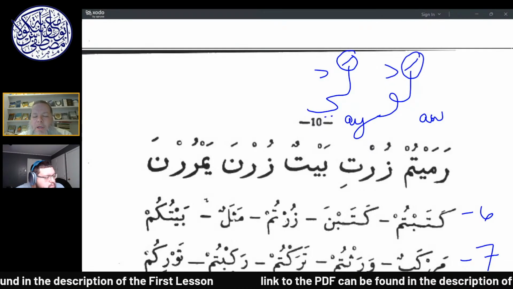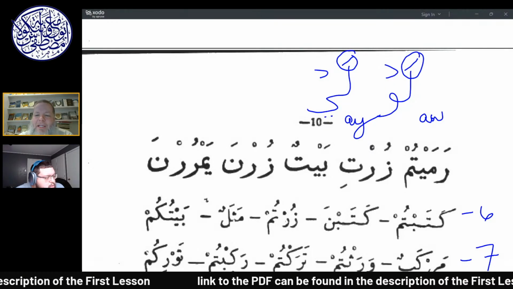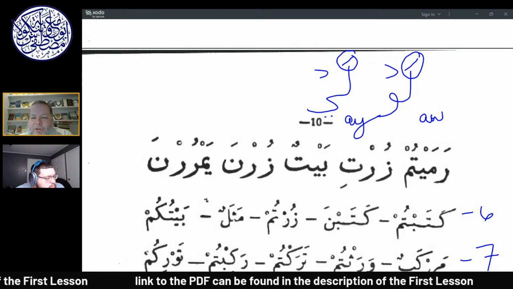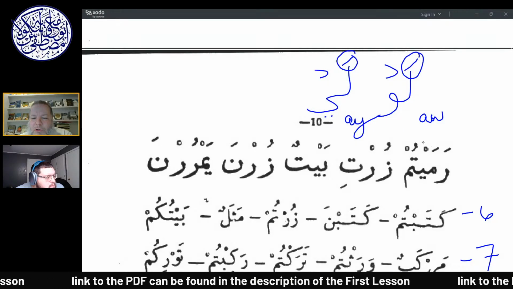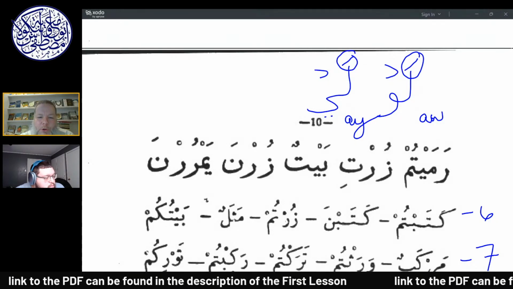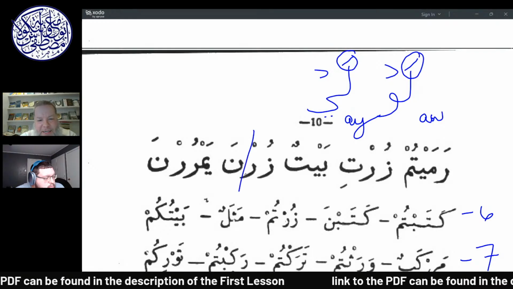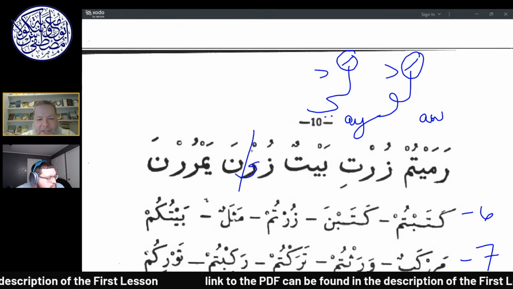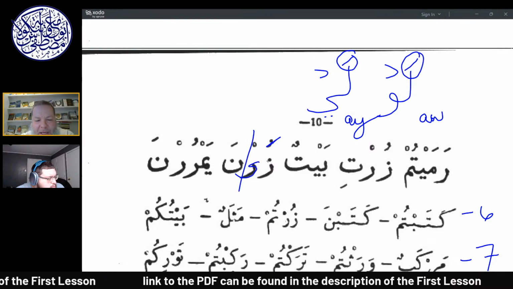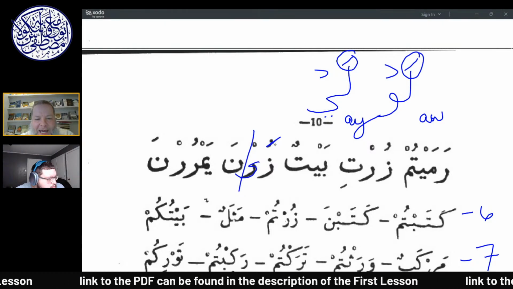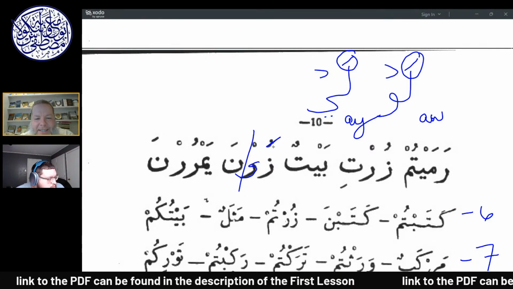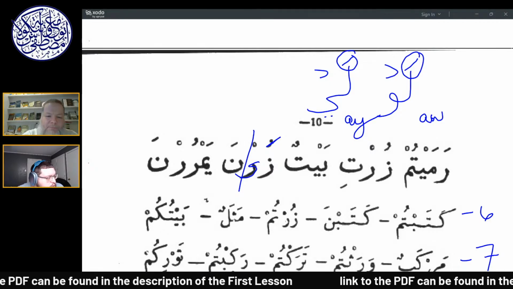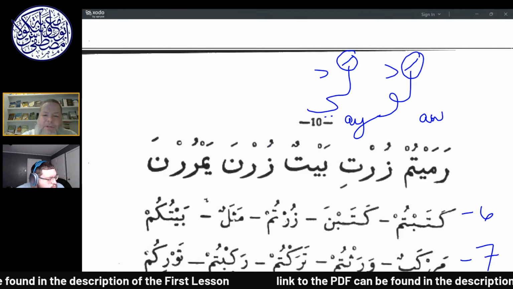This is something you're going to come across a lot, so you're going to have to get used to it. Just like you look forward to seeing the sukoon when you say zurna, you're going to have to see if this is a ya here and this is a fatha, and say Zayna, for example. You understand? So this is something you just got to get used to.